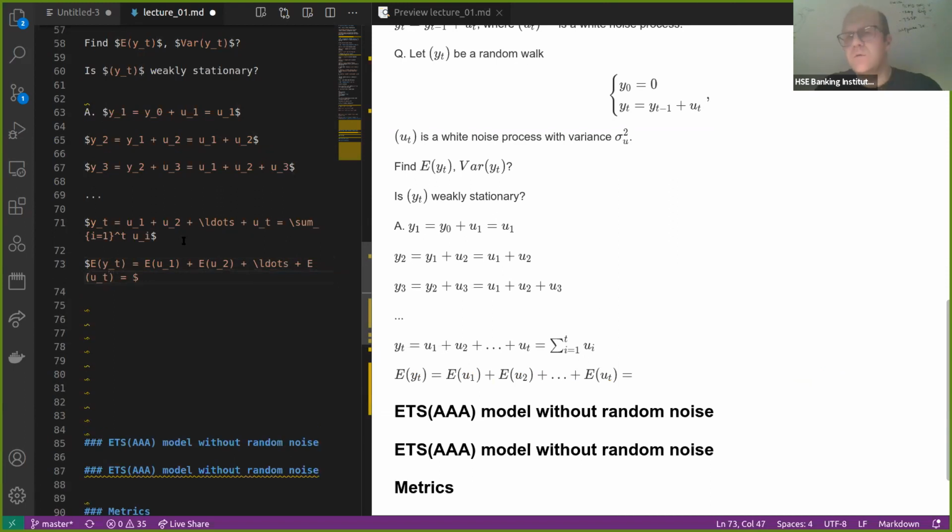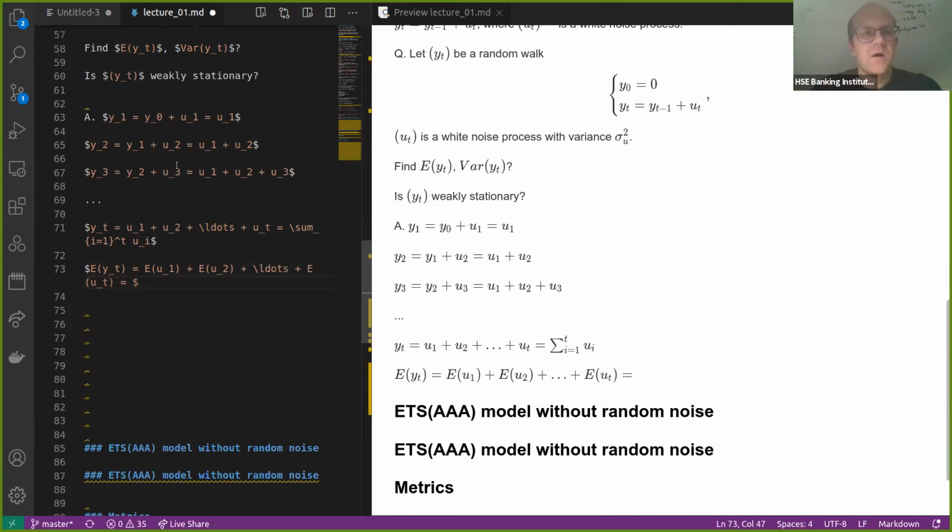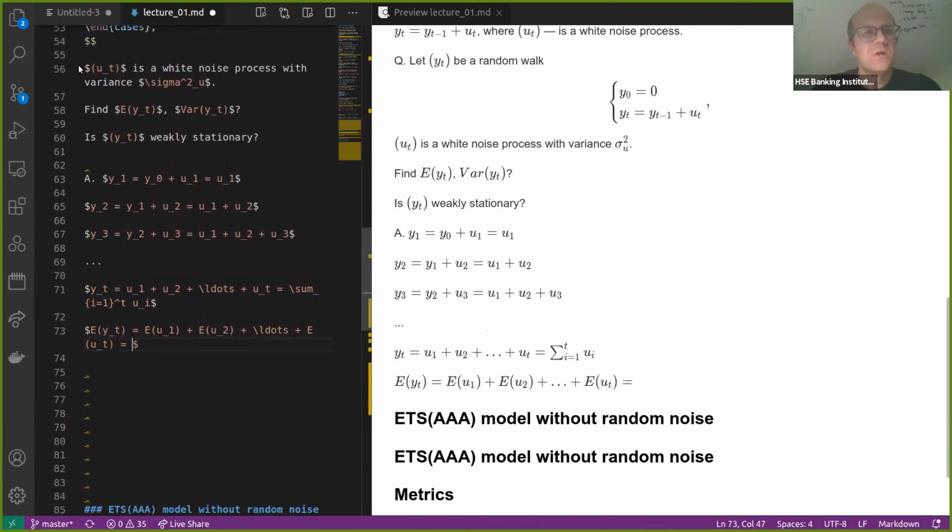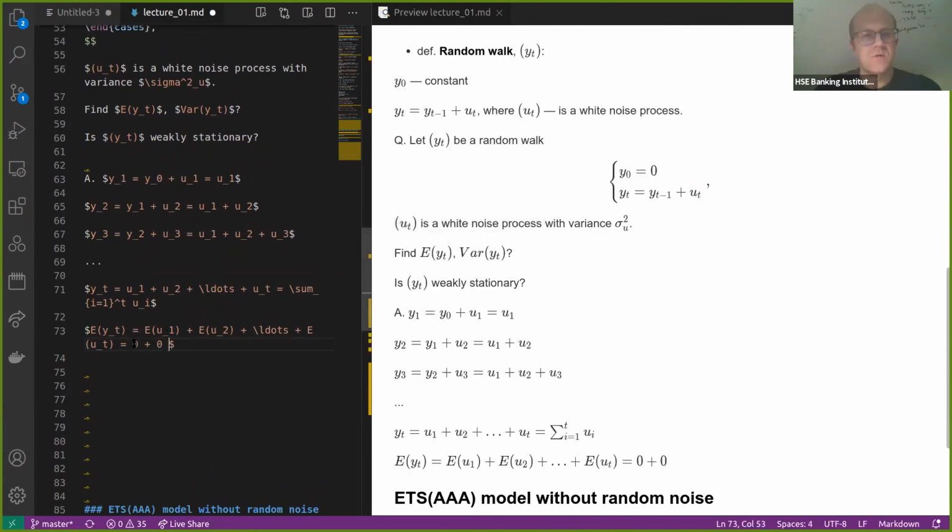And this is 0 because we have assumed that Ut is a white noise process. So the expected value of our random walk is 0 plus 0 plus 0, which is 0.